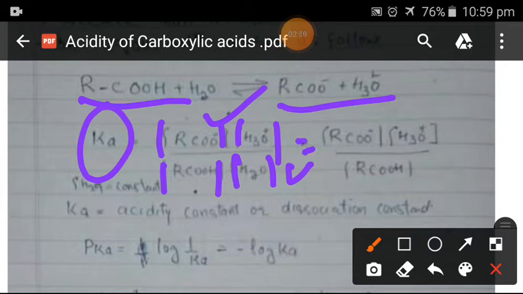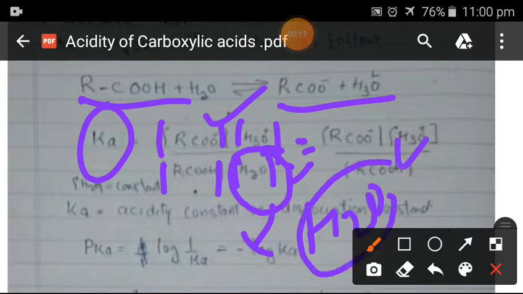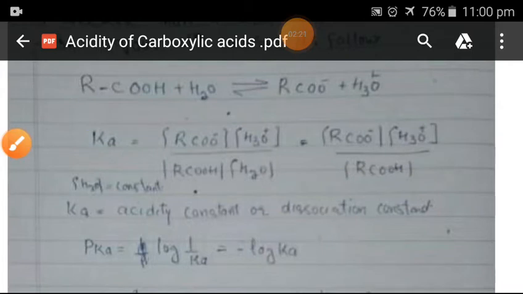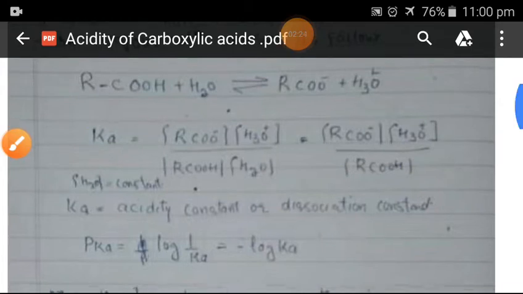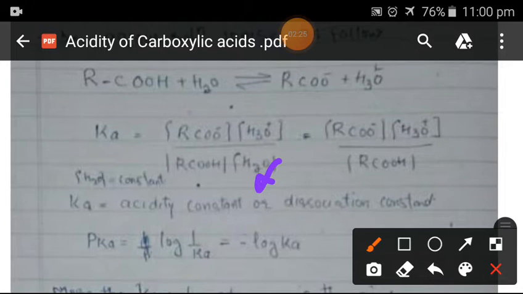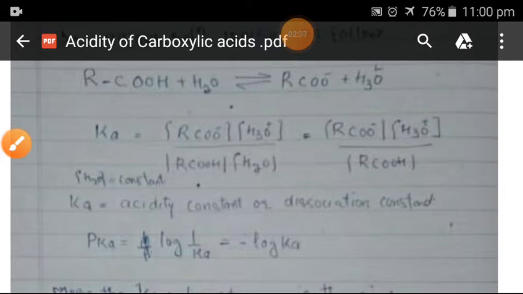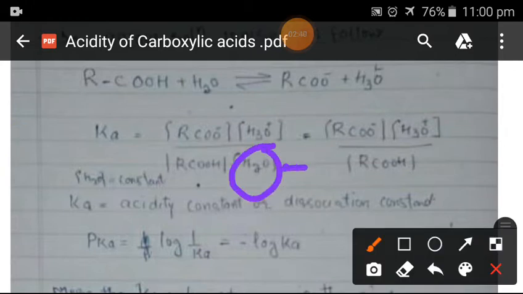In this reaction, the concentration of water remains constant, so we don't write the concentration of water here. It will be written as the concentration of the carboxylate anion times the concentration of the proton in the numerator, and RCOOH in the denominator. Clear? Because the concentration of water remains constant, as it acts as the solvent.